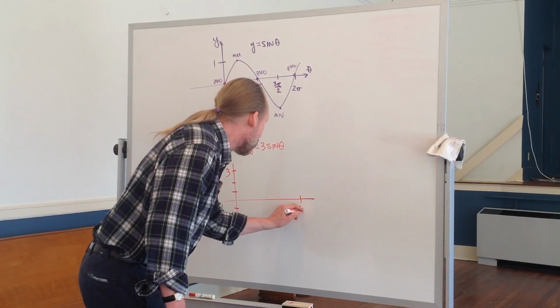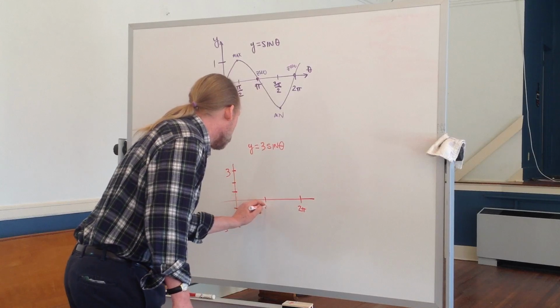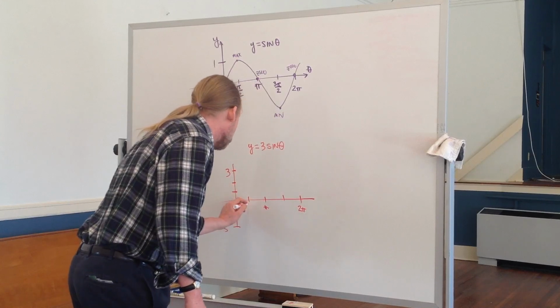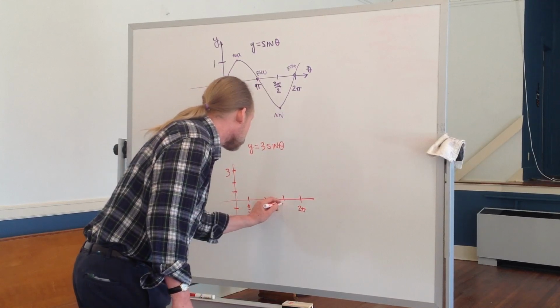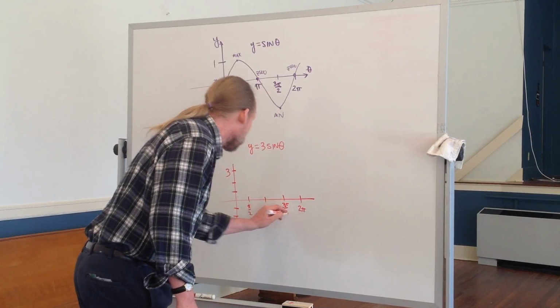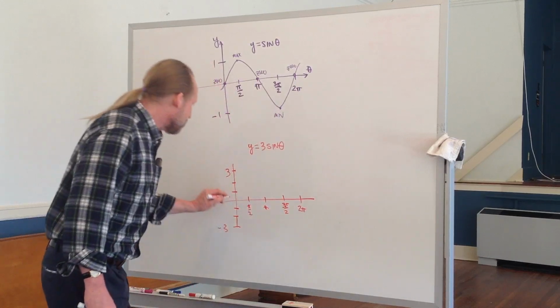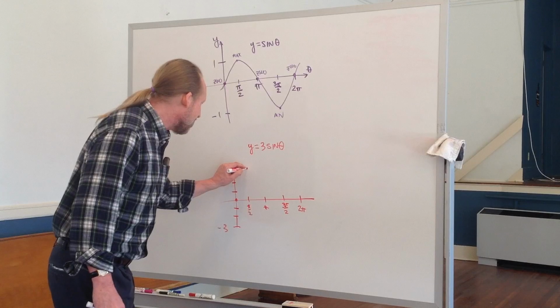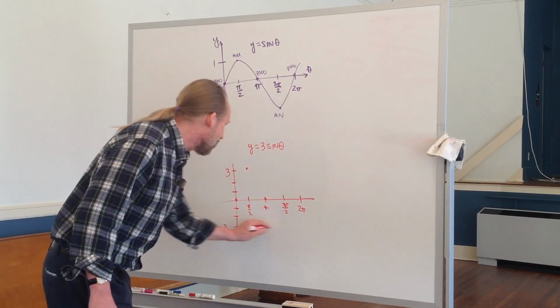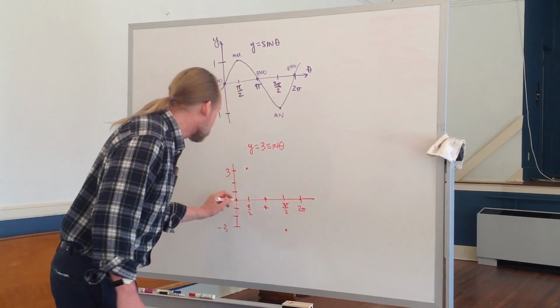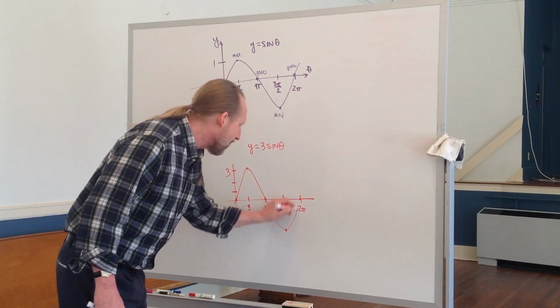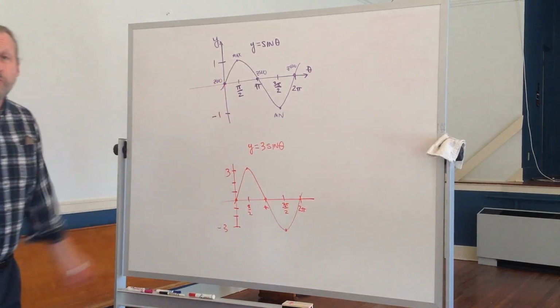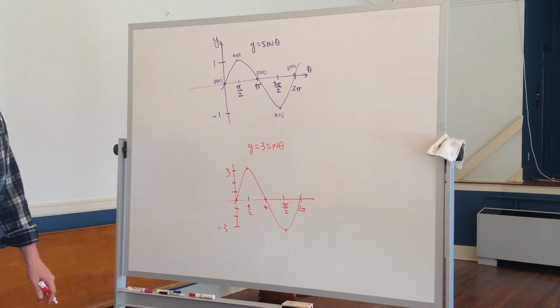There's our period of 2 pi, split it into 4 pieces. And then we start at the 0, go up to the maximum, back to 0, down to the minimum, back to 0. And there's our sine function for y equals 3 sine theta. Okay?